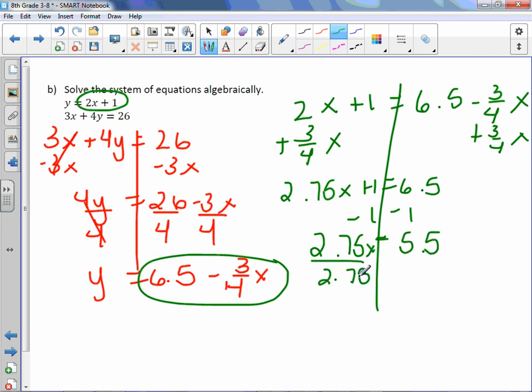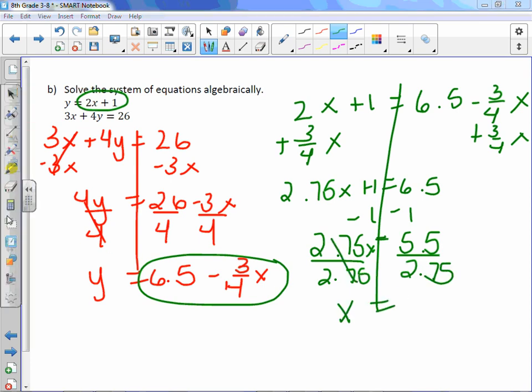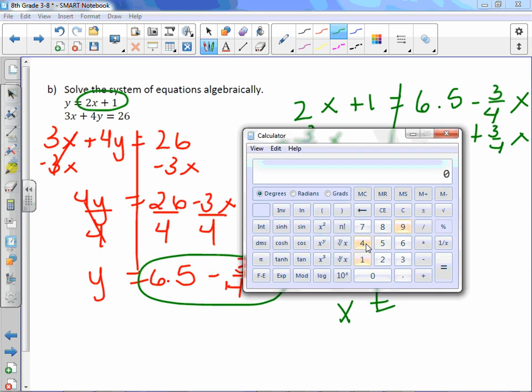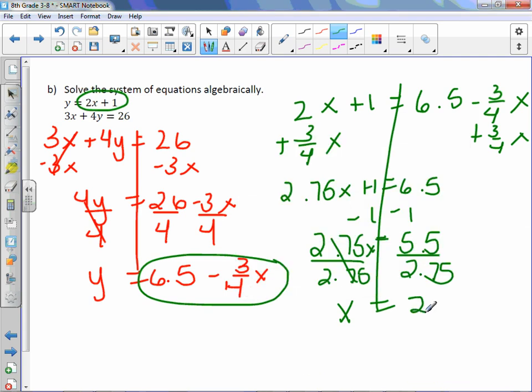Divide by 2.75. It's exactly 2. So that's our x value.